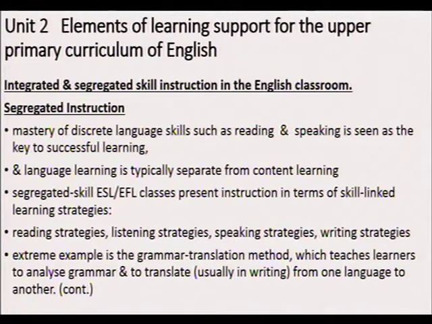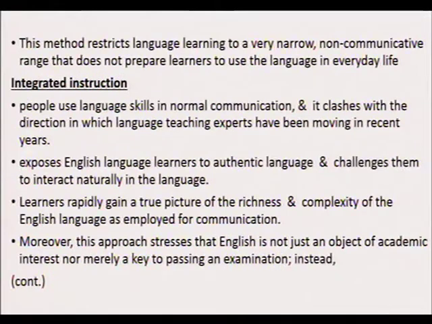The extreme example of segregated instruction is the grammar translation method, where learners are taught to analyze grammar and to translate, usually in writing, from one language to another. It is a method that restricts language learning to a very narrow, non-communicative range, and it does not prepare learners to use the language in everyday life.